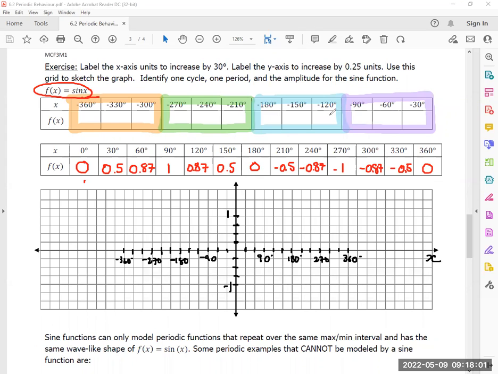Okay. Let's do the negatives now. 0. Okay. 0.5. Is it 0.5 or is it something else? Oh, yes, you're right. My bad. 0.87. Good. And then, where are we?